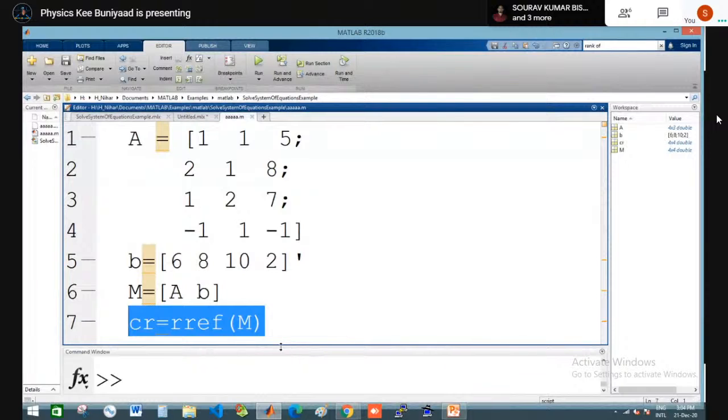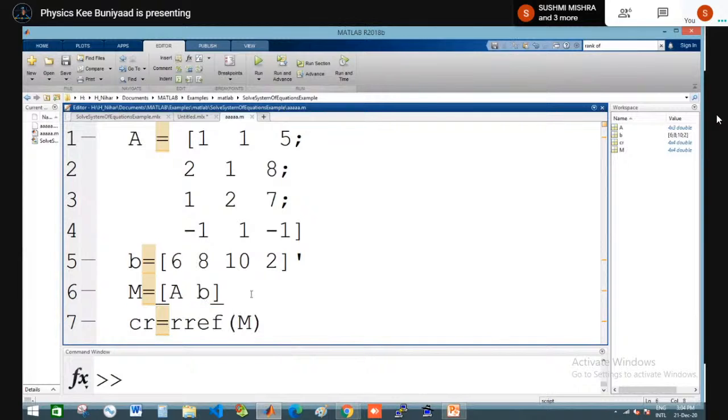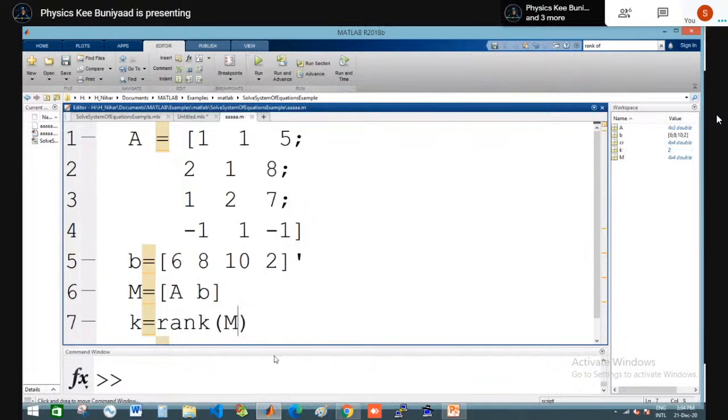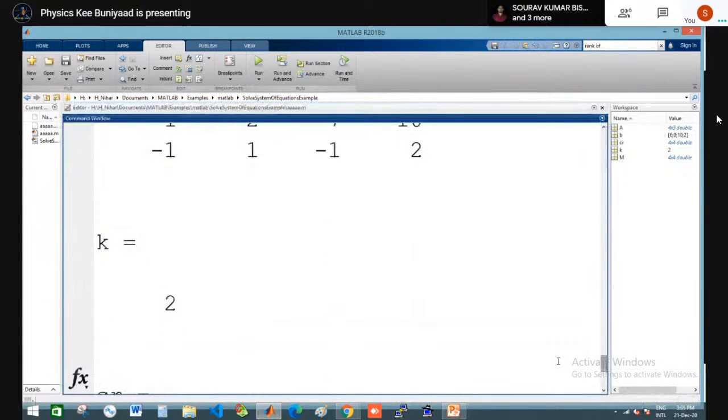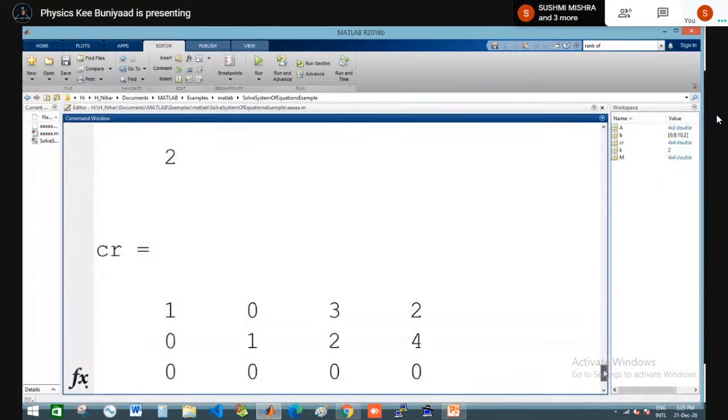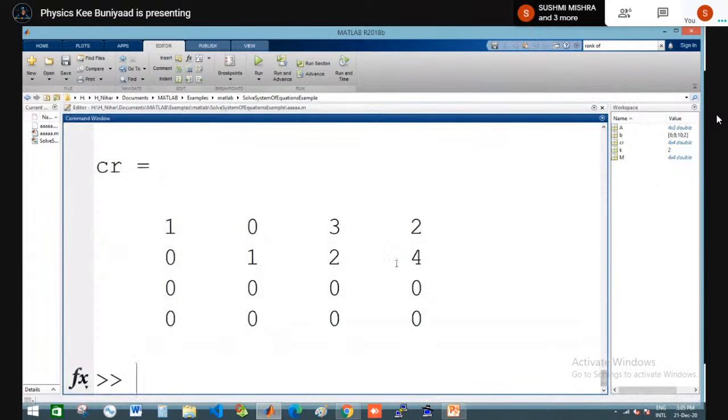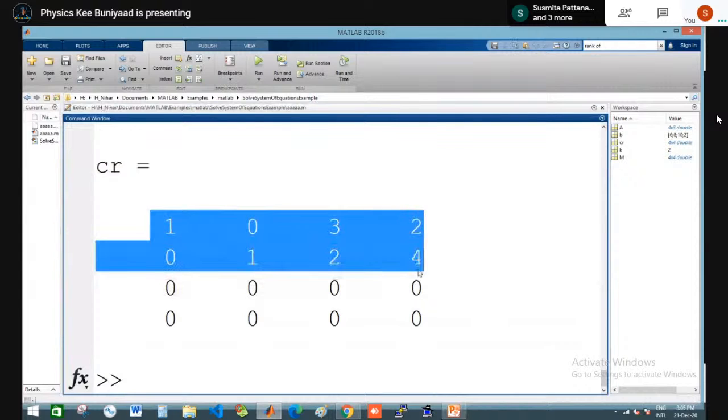Here one question is how you will calculate the rank of this matrix. Just write k equal to rank of your matrix. Here it is rank equal to 2. So you will reduce the whole system into two equations. What does that actually mean?